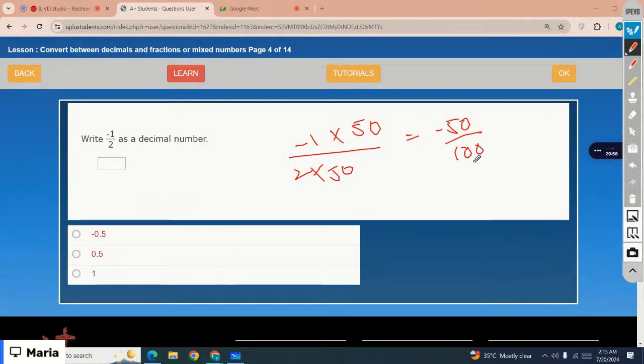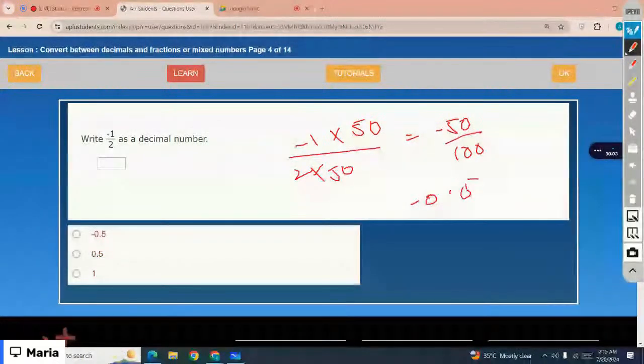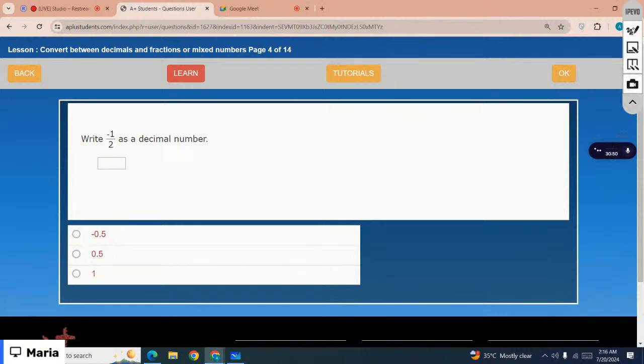That is negative 50 over 100, which is negative 0.5. The correct option is option number 1.